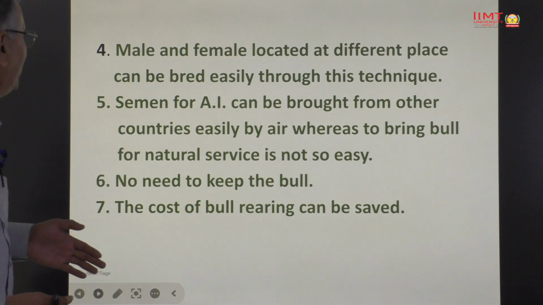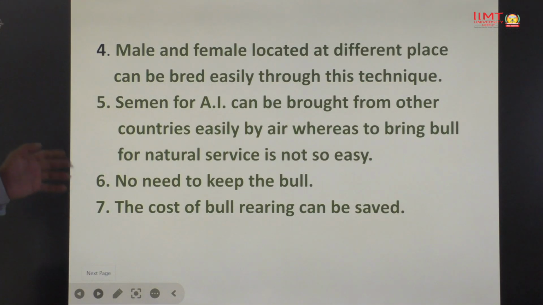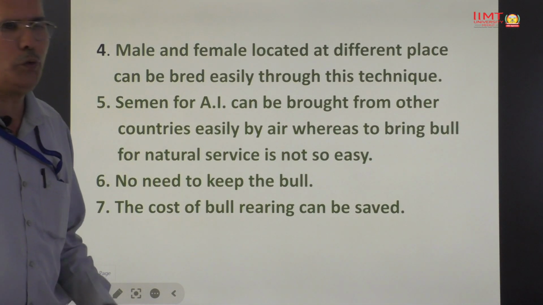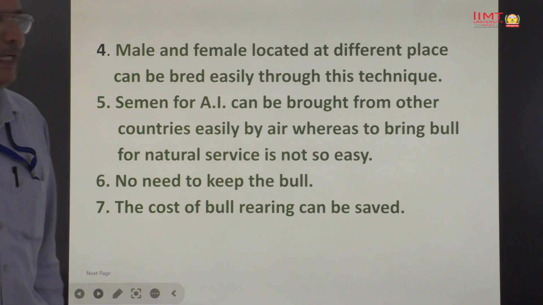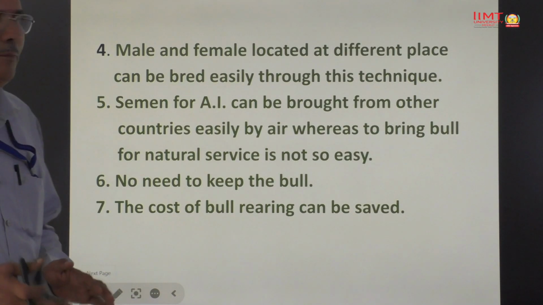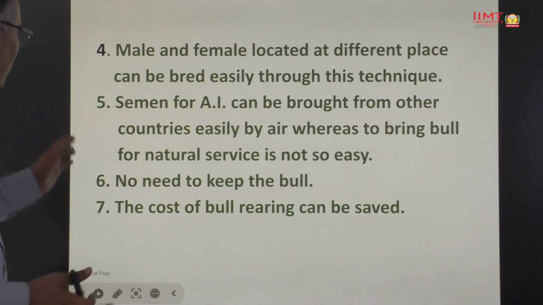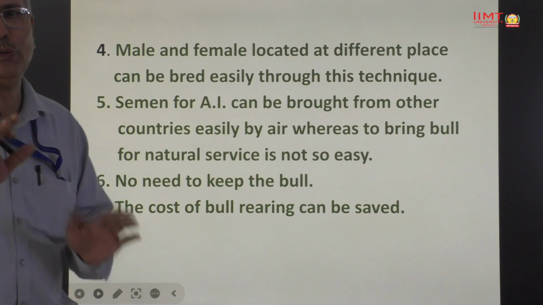So you can say, if male and female are located at different places, they can be bred easily through this technique. Semen for AI can be brought from other countries easily by air, whereas bringing a bull for natural service is not so easy.